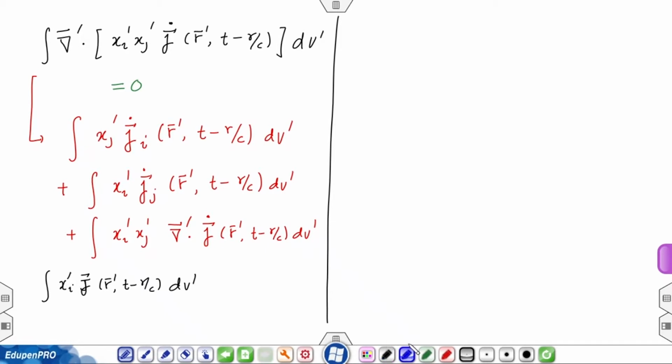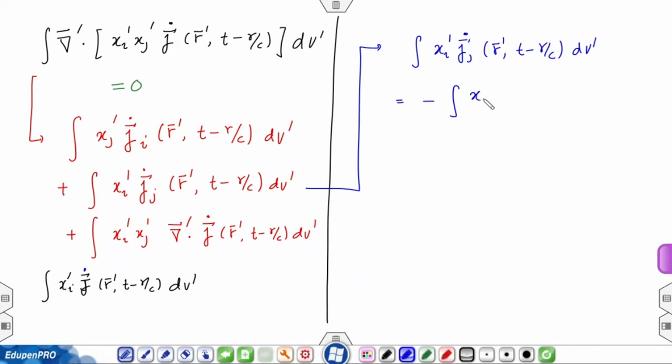So, I can write from here integral x I prime j dot j, there is a dot also here, j dot j r prime at t minus r over c dv prime is equal to minus integral x j prime j dot ith component r prime t minus r over c dv prime minus integral x I prime x j prime.